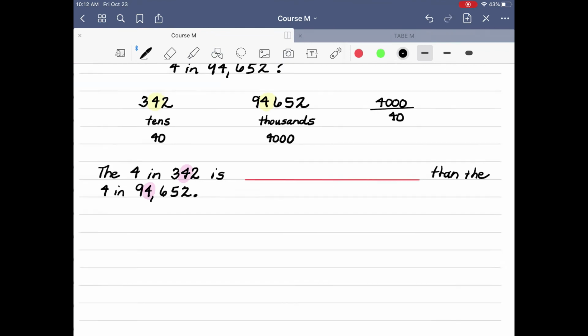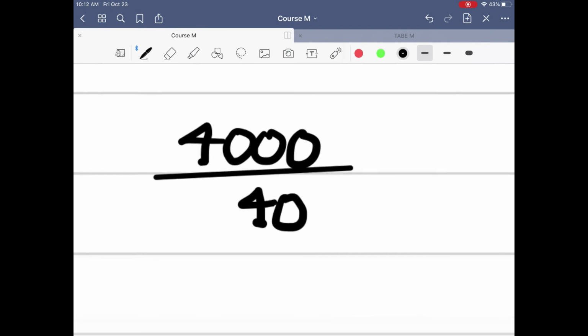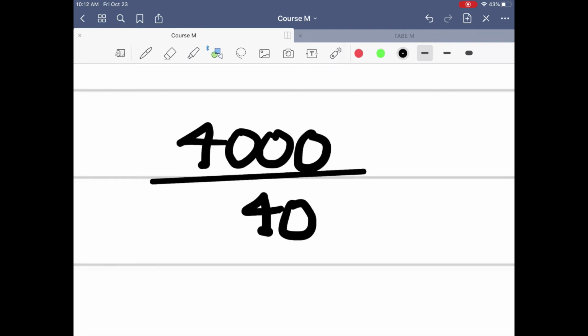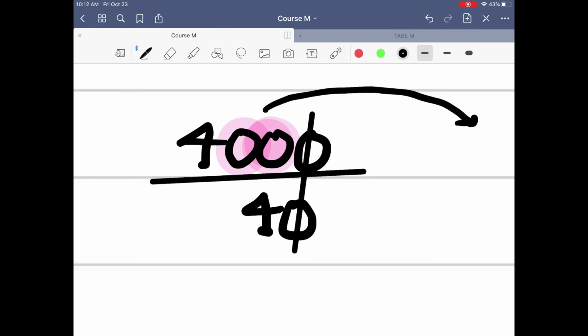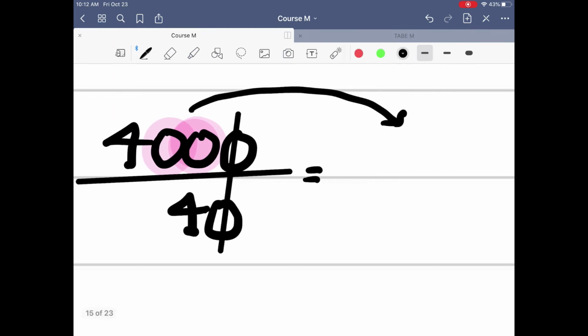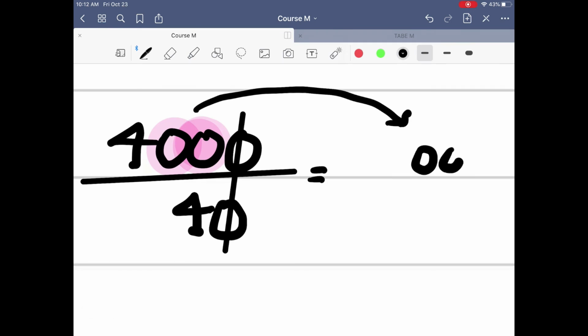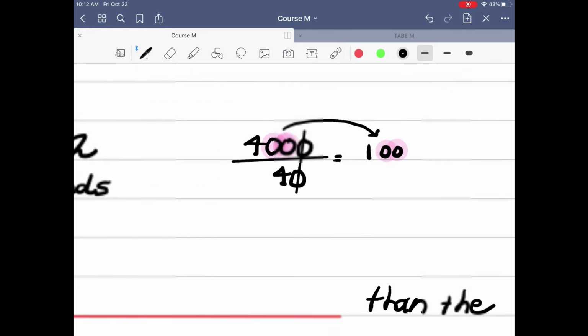So this time I can only cancel one set of zeros. So I can take top and bottom right there. But then I have 2 zeros left over right there. So we're going to bring those over to our answer. Just copy them over here. There they are. And then 4 divides into itself one time. So our answer is 100.